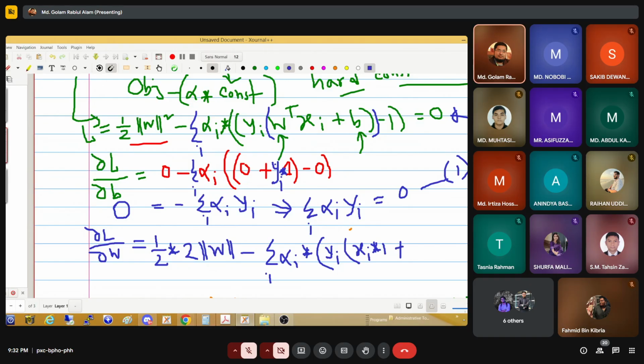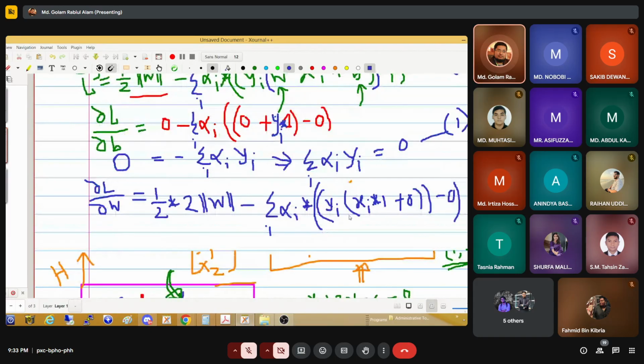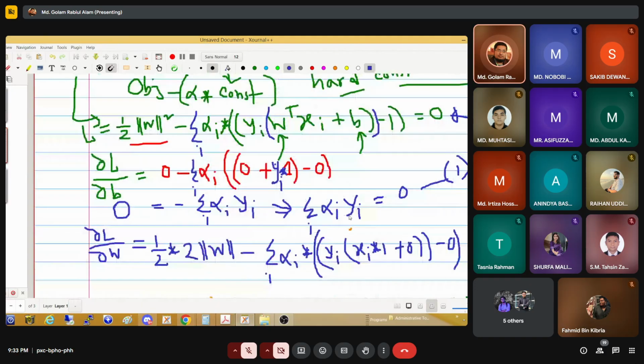And plus, this is the B. Taking the derivative with respect to W, B is constant in that case, so it will be 0. And the negative 1, taking derivative with respect to W, will also be 0. This is the case if we want to take the derivative with respect to W.